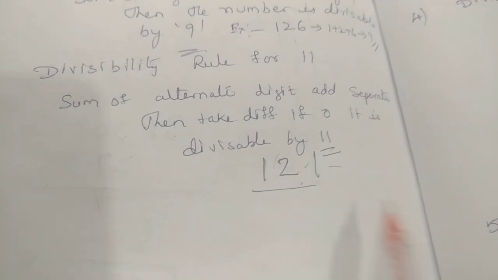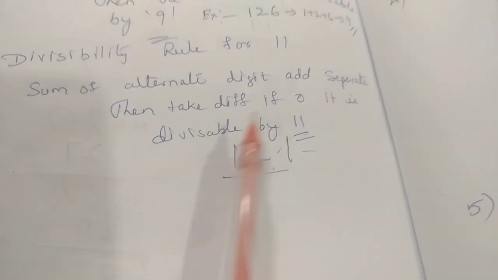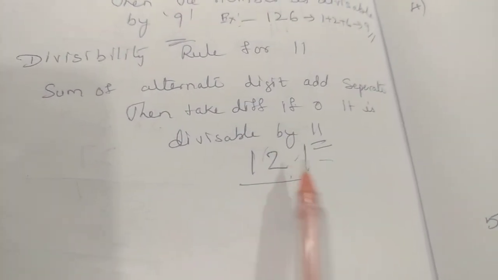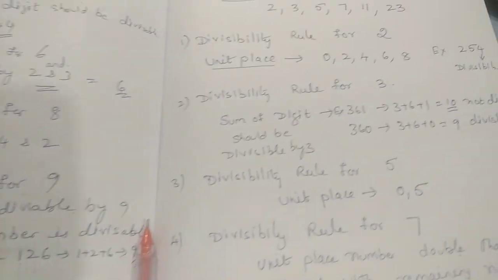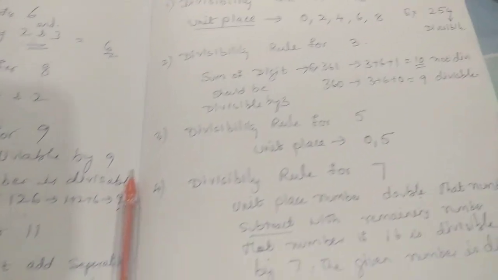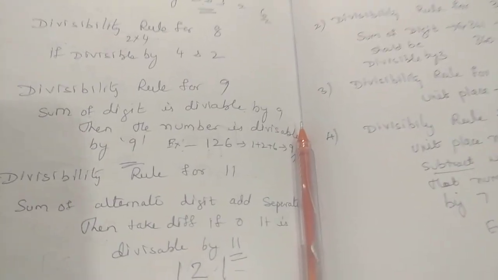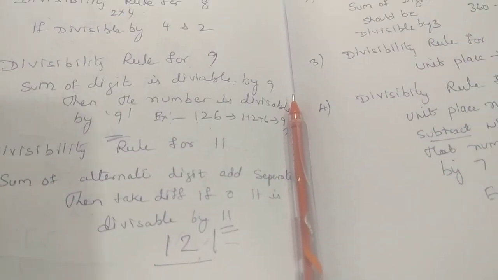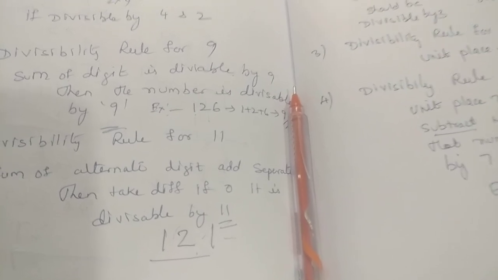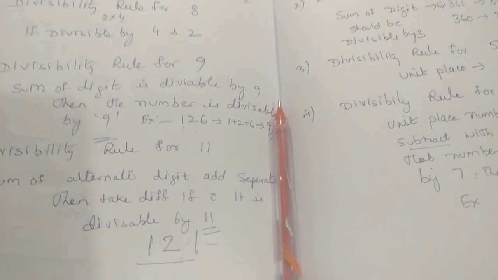Whatever the number, you take the alternate digits and add them. These are the rules; you have to remember them. For finding the prime factors, you should know the divisibility rules for the prime numbers.